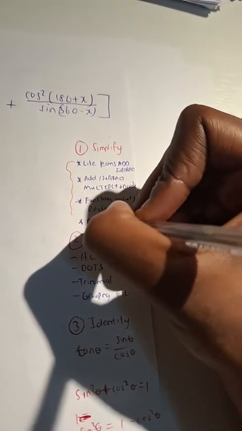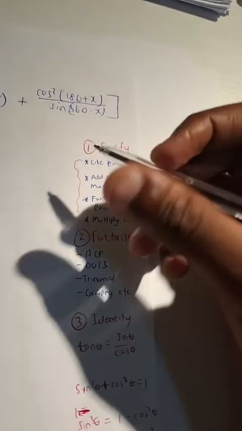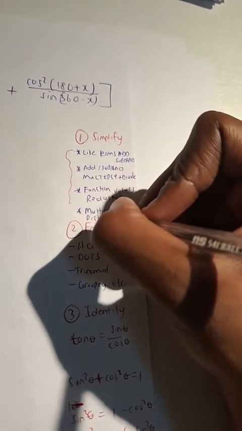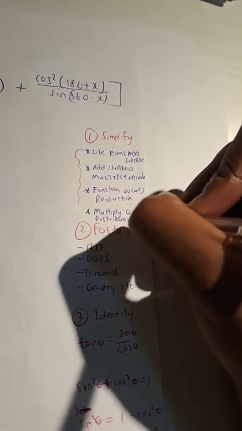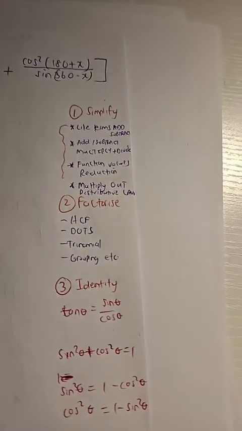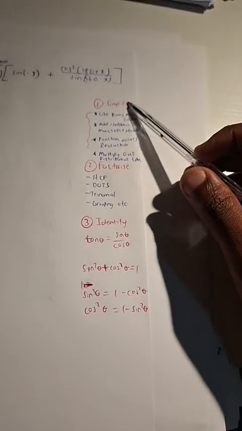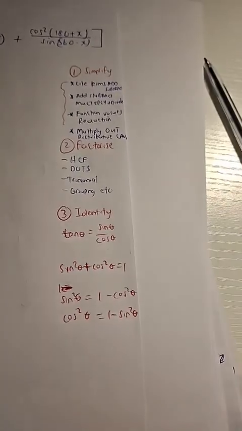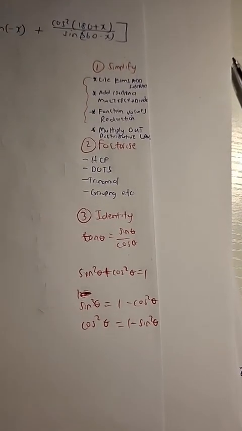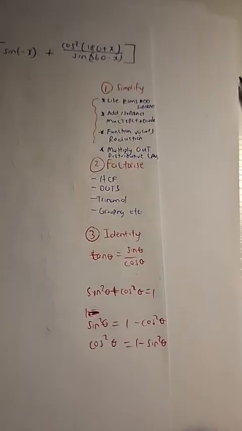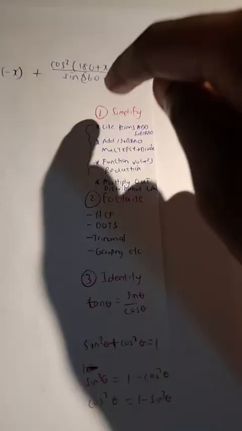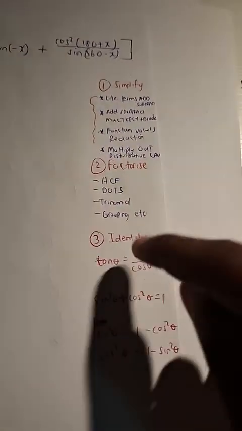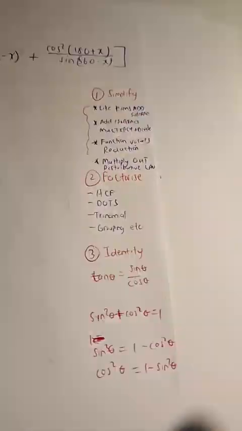With simplification, sometimes multiplying out, or the distributive law, is something I forgot to mention. These strategies, you jump between simplification, factorization, and identity. When one doesn't work, you jump to the other.